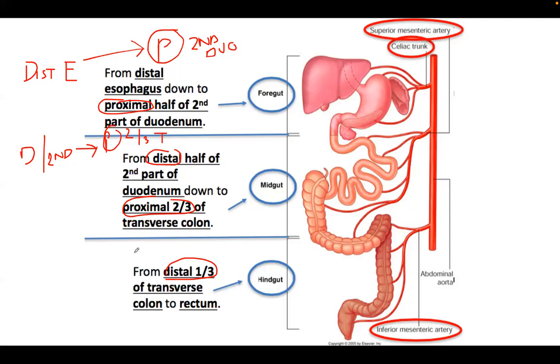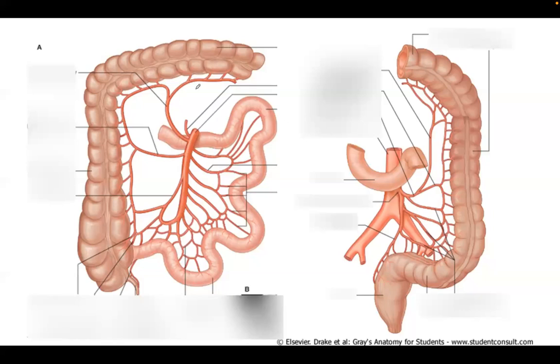You have to be familiar with this. Now take note, the blood supply will also depend on whether it's a foregut, midgut, or a hindgut structure. Now here, label letter C for the cecum.